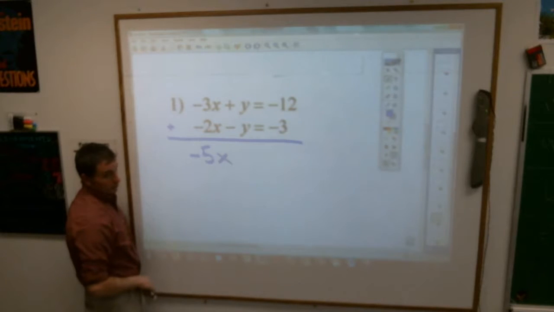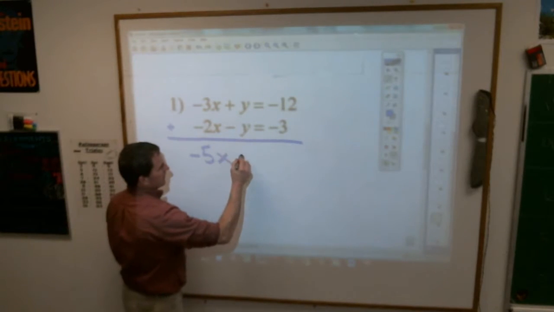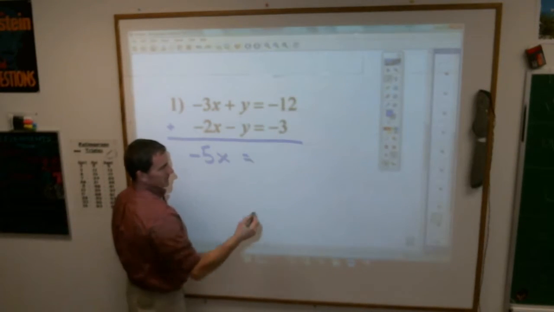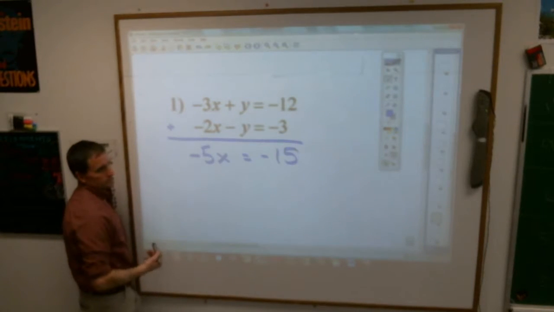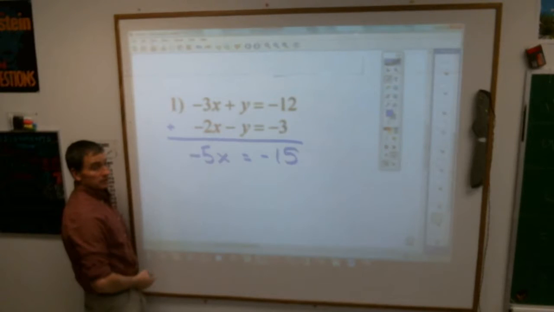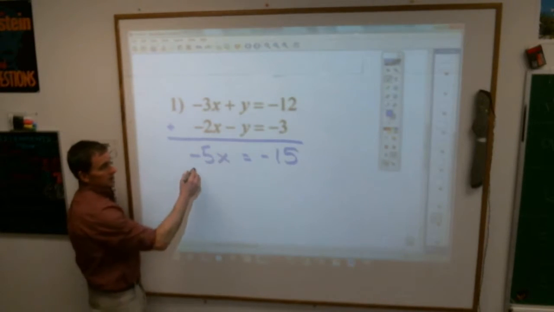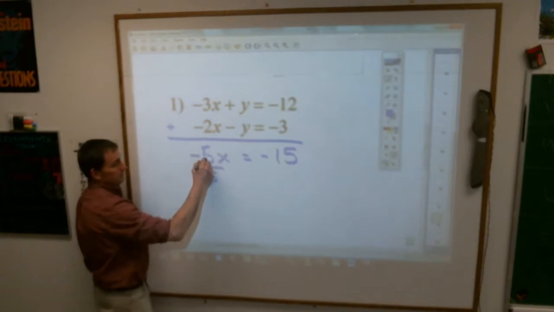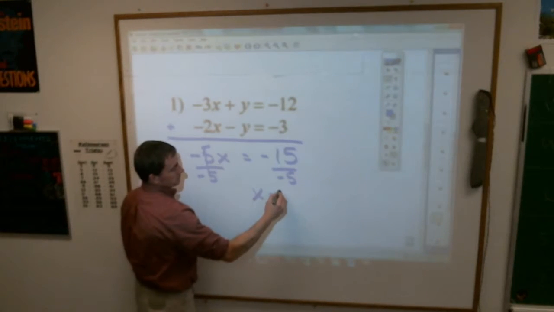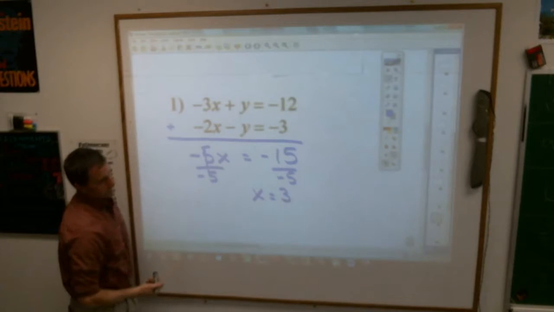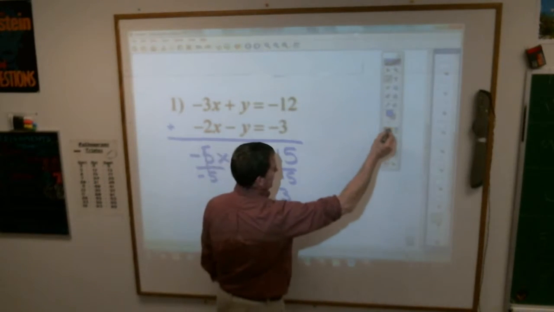The y's have gone, right? 0 y's. You take away. So that's gone. And now I have negative 12 and negative 3 is negative 15. My other y is gone, and I can just simply solve this by doing what? Divide by negative 5. Divide by negative 5. X equals 3.